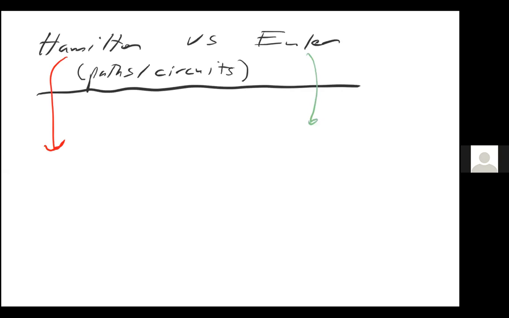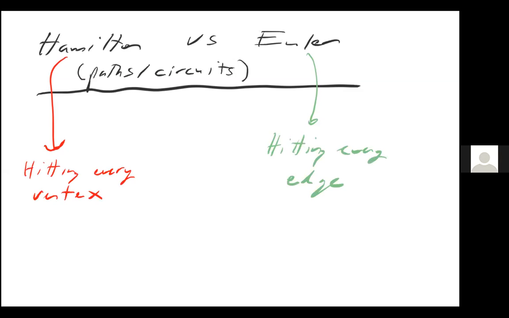So Hamilton deals with hitting every vertex. And Euler deals with hitting every edge. Okay, that's the big difference. So a Hamilton path hits every vertex once and only once. An Euler path hits every edge once and only once.